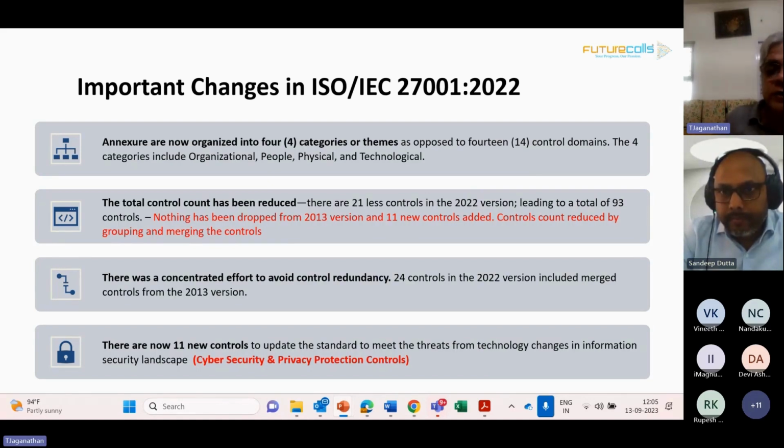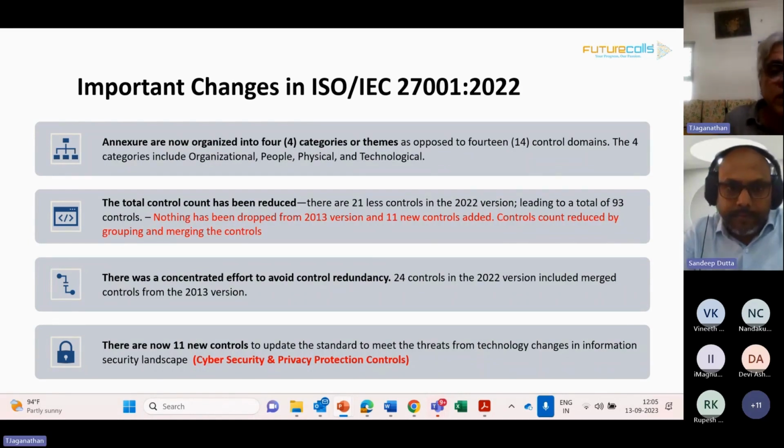Total controls have been reduced. Earlier it used to be 114 controls. Now it has become 93 controls. Having said that, the requirement or focus has only been enhanced, though the number of controls has been reduced to 93. Nothing has been dropped from 2013. The same requirements are still there, and on top of it, 11 new controls have been added.